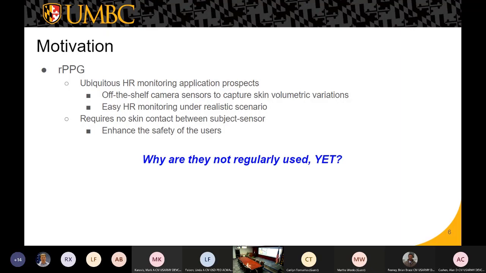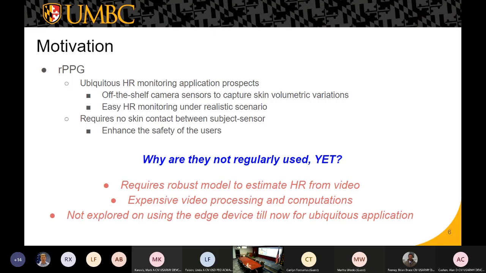So if this is so good, why haven't I heard of it, and why don't we see these devices regularly, right? There are three issues we figured out that are limiting these applications. Firstly, the diffusion signal we have been talking about is very noisy, because most of the signals are specular signals.